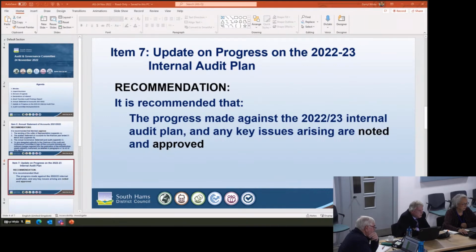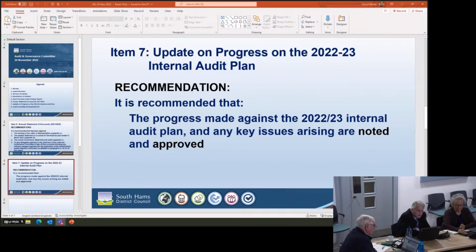The paper also includes some mention of counter fraud. So fraud apparently constitutes about 40% of all crime in the UK. So we're looking to put a bit more attention on that, and as part of that, to undertake a review of fraud arrangements in the council and we'll report to this committee on that.